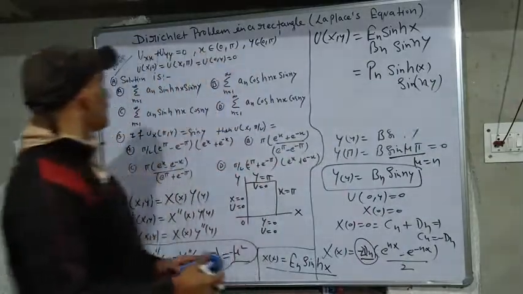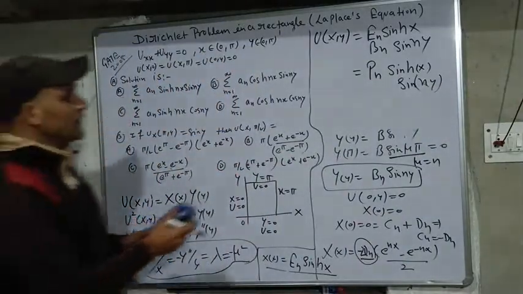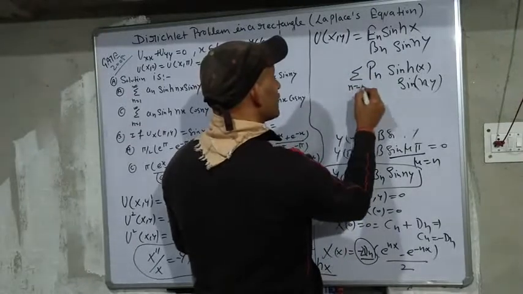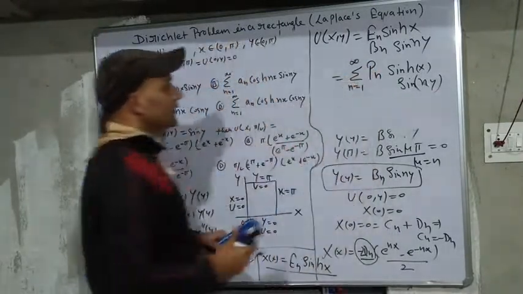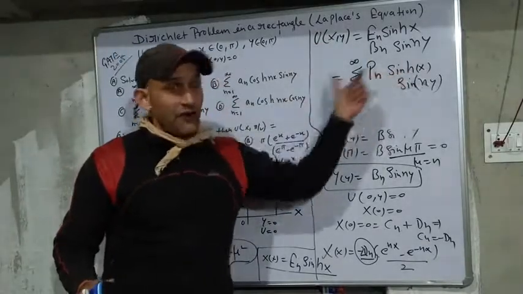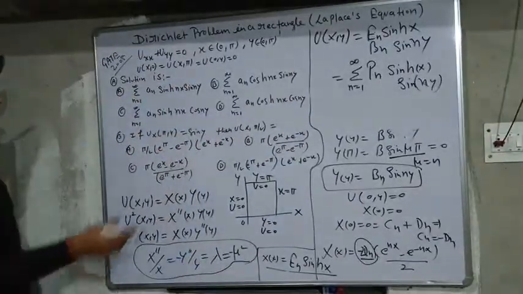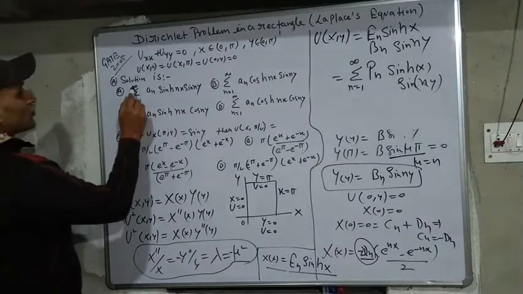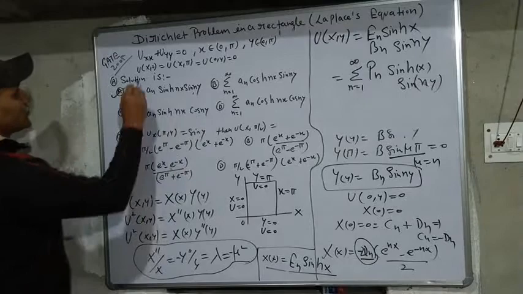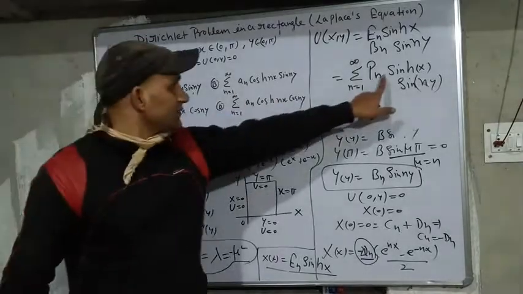So which one is the solution? Now you can see, already I told you that you will write sigma n is equal to 1 to infinity, because it will work for many different values. Now you can see, n is equal to 1 to infinity, an sine hyperbolic nx sine ny. This is your solution because it is matching.